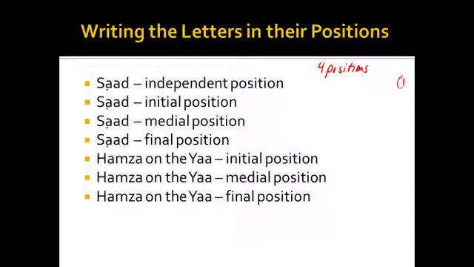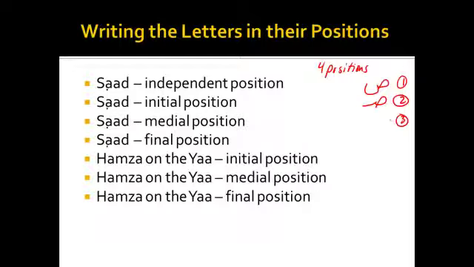And so the independent position for the Saad is going to look like this. It's a little teardrop, and then it dips below the line with a little cauldron. And then we have the initial Saad, which is like a teardrop, and it connects with a little notch.